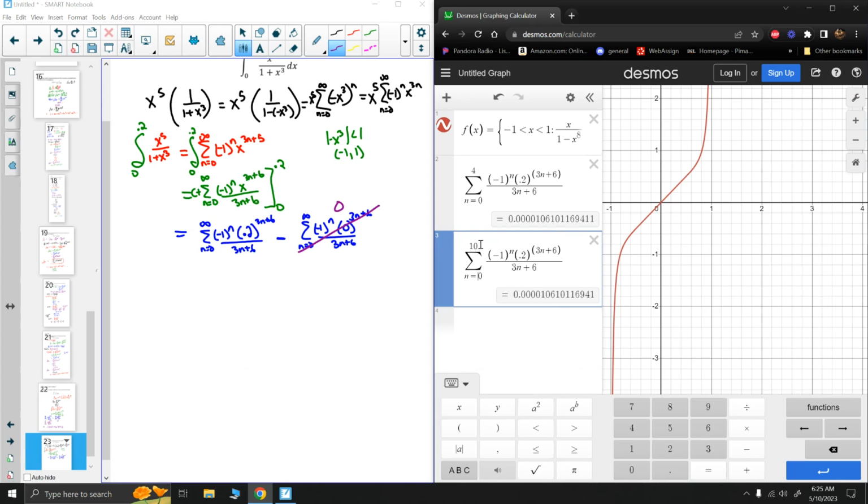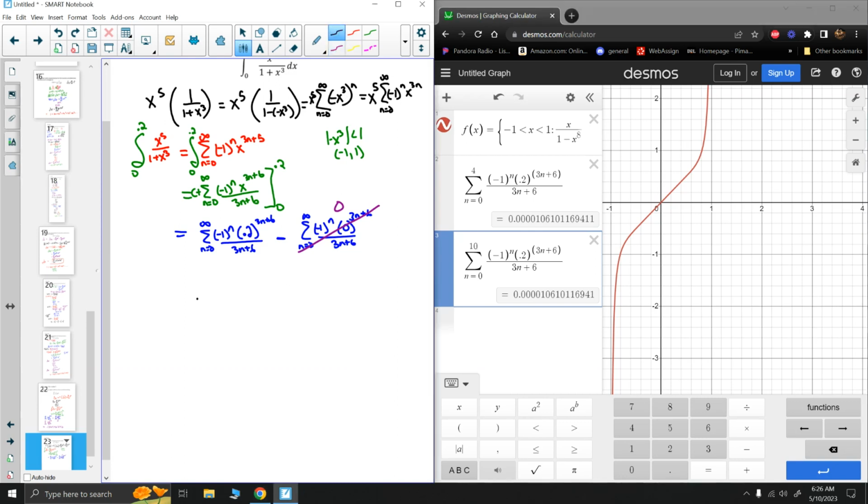So again, we can get more and more accurate as we take this thing out. So if we were to do it at 100, it doesn't change it to 10. So 10 and 100 is no better. So at our 10th partial sum, that's about as good as we're going to get on our calculator. Well, it's as good as we're going to get on Desmos at least. So that's fine. 0.000010610116941. That is what this thing is.